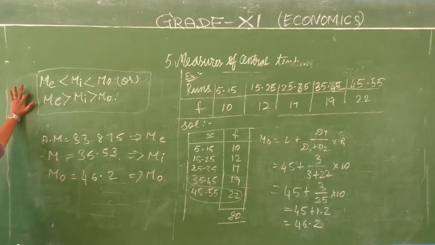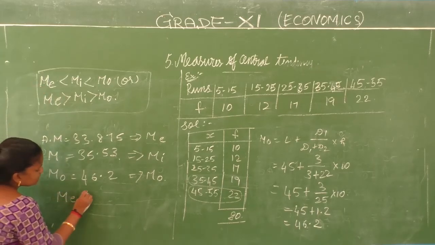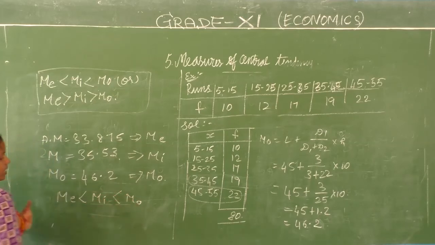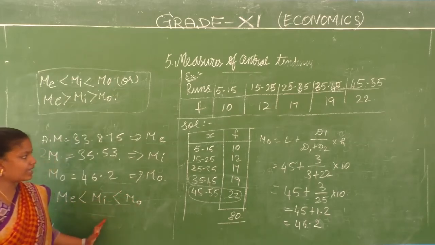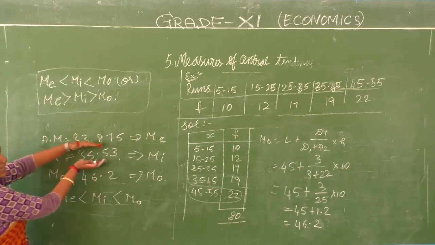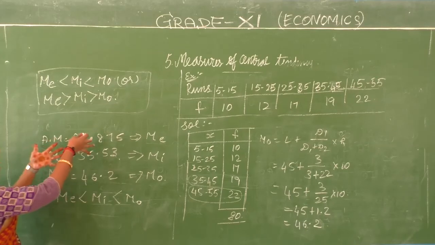Now tell me, which relationship does it have? Which is the greatest here? The mode seems to be the highest. So the first relationship works out here. That is mean is lesser than median lesser than mode. So if you see, it practically shows you that the median is in the center value. It is in between the mean and mode.